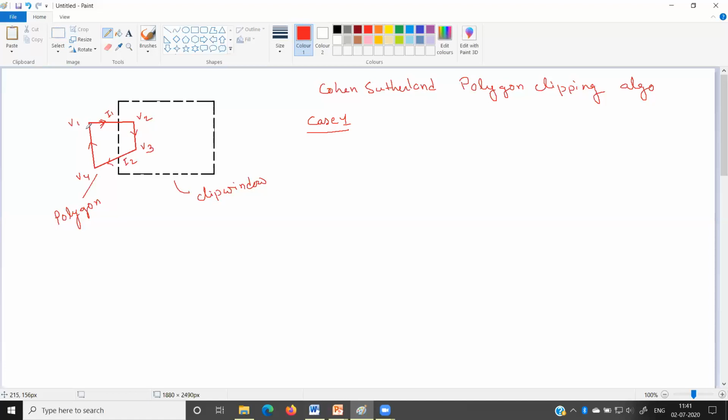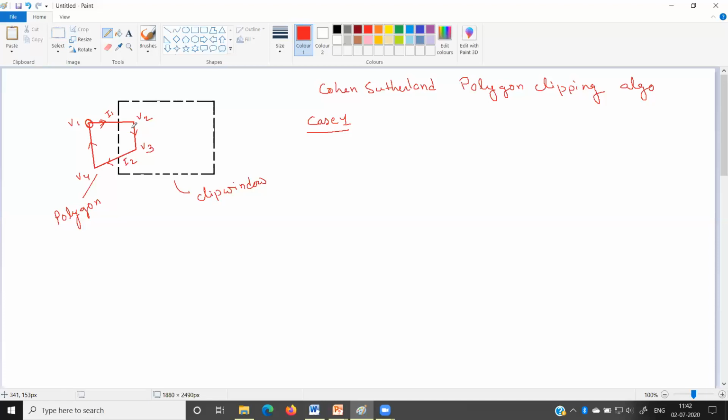Let us say V1 is my starting vertex from where we will start our traversing. While we traverse from V1 to V2, you can see that V1 is outside of the clip window and V2 is inside of the clip window. So while we are traversing from V1 to V2, we are moving from outside of the clip window to the inside of the clip window.